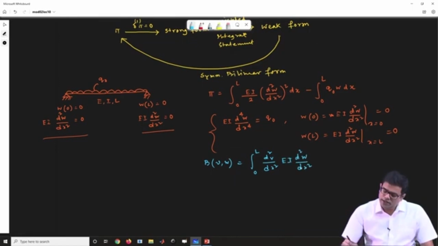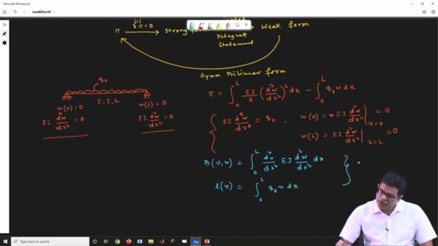If you have seen this earlier, we have to do two times integration by parts. And L of v, that is the linear form, is nothing but the integral from 0 to L of q0 v dx. So here v is the weight function.